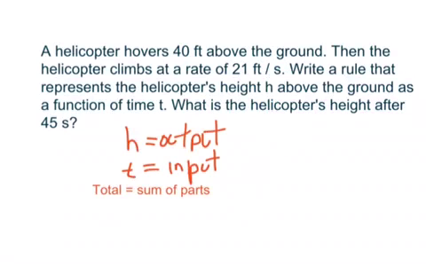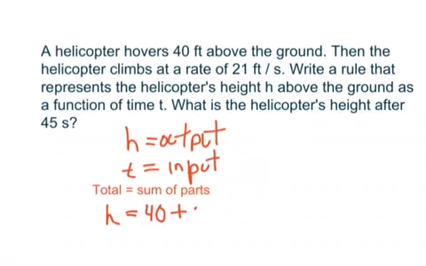So total equals sum of the parts, so the total height, h, is going to equal, okay, so it starts off 40 feet above the ground, and then it climbs at a rate of 21 feet per second. So every second it's going to be another 21 feet off the ground.